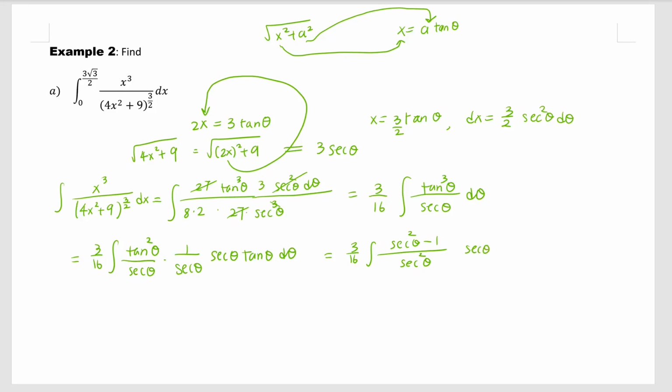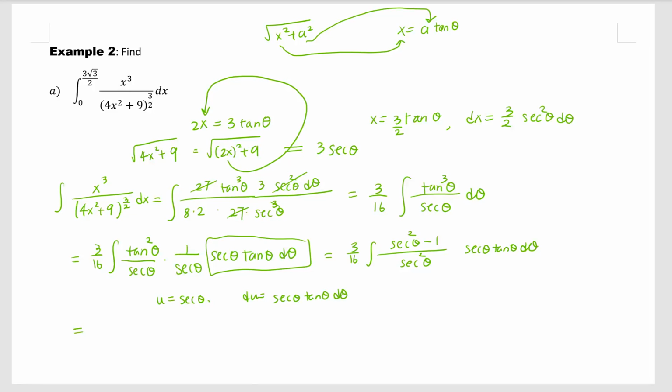And then we have secant theta tangent theta d theta. Yeah, sometimes you get lost and don't know whether you should change the tangent in terms of secant or change the secant in terms of tangent. Look at the tail. This is the derivative of secant, so we know that u should be secant, du is secant tangent.